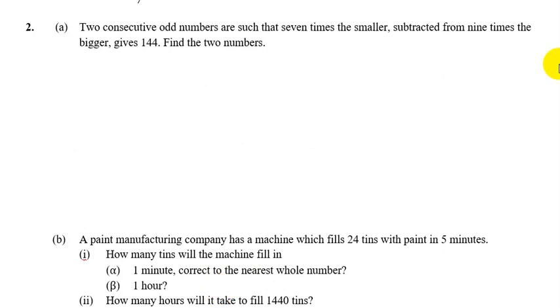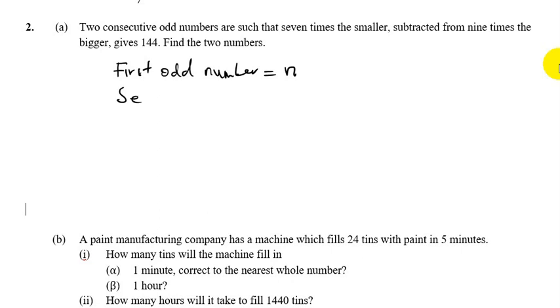So odd numbers, you can see that their difference is 2, right? Good. So we will say the first odd number, we don't know, we will use n. Now they said the second one that will be after this should have a difference of 2.